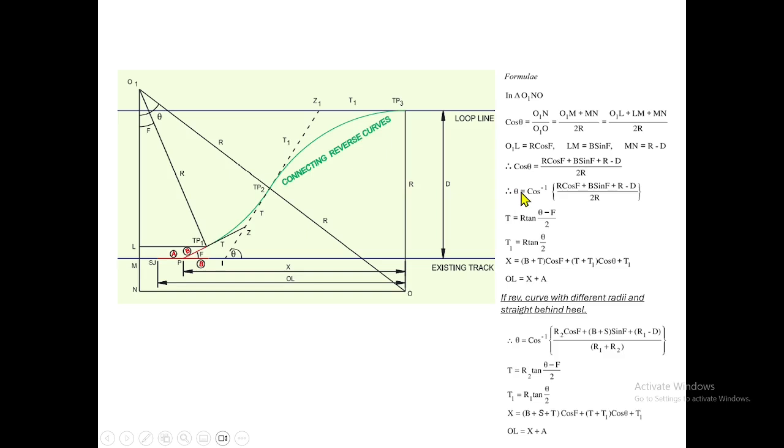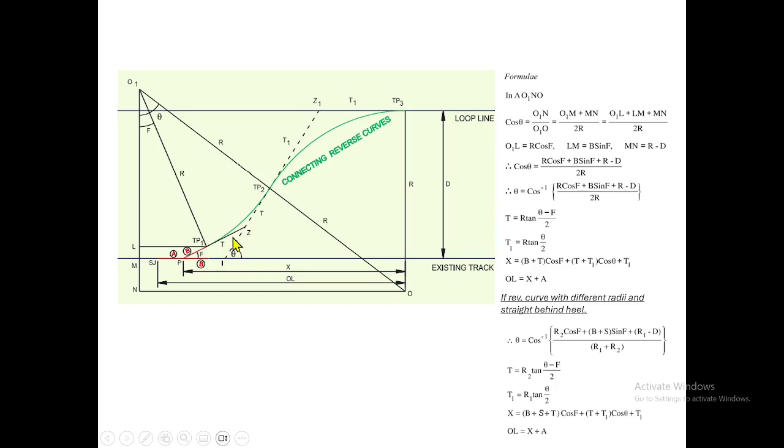Once we know the theta, we can get this angle, which equals theta minus f. Because this theta minus f is the angle subtended at the center of this curve, that will be your deflection angle. Deflection angle of this curve is theta minus f.